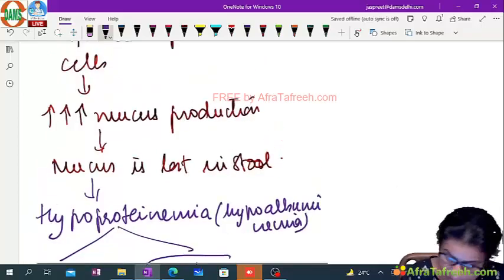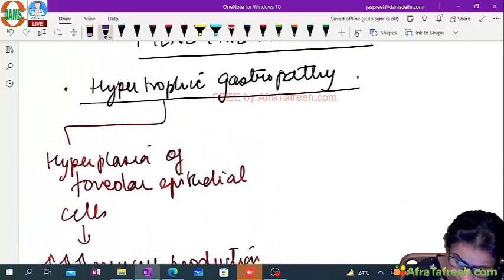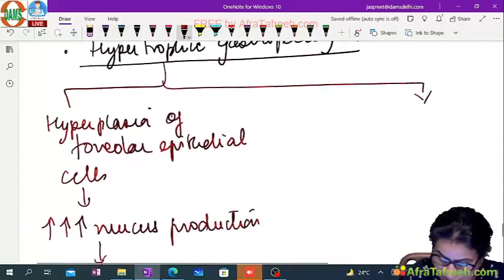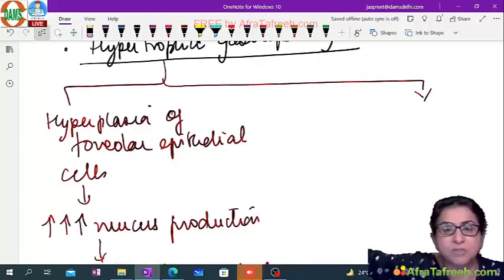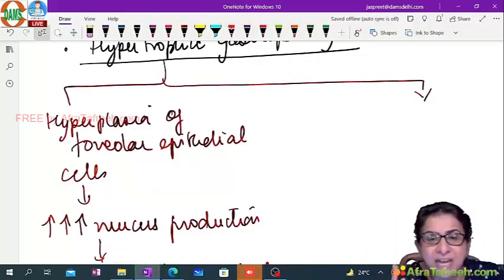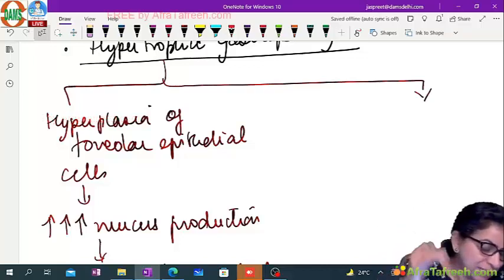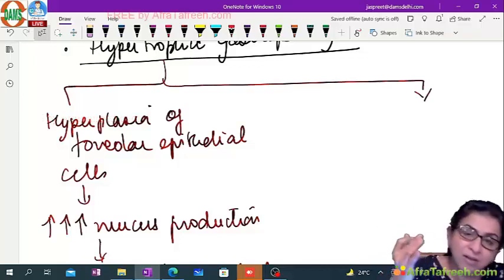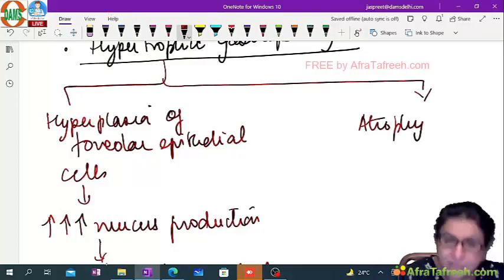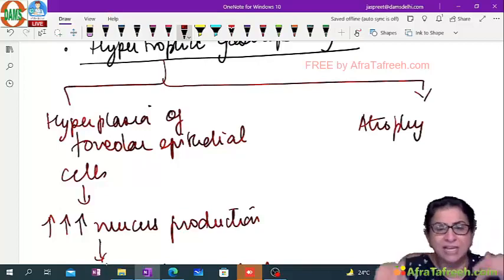The second important feature is hyperplasia of foveolar epithelial cells. The lining epithelium becomes so thick that the underlying gastric glands in the lamina propria, which have the chief cells and the parietal cells, undergo atrophy.